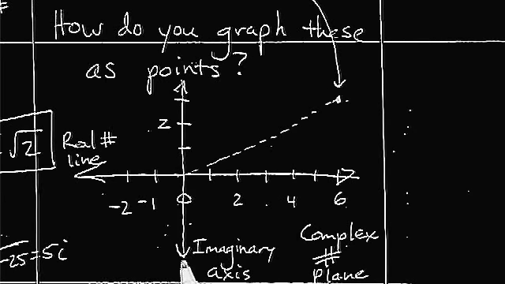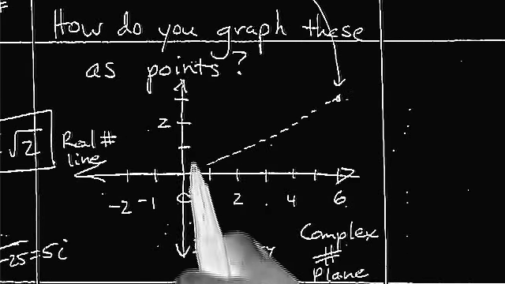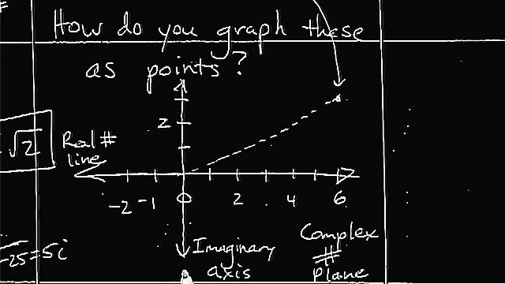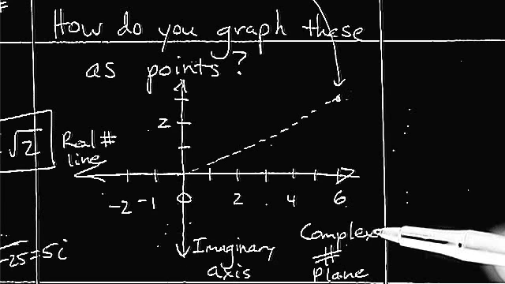This vertical axis contained all the imaginary numbers. So they call this one the real axis. They call this one the imaginary axis. We just never talked to you about it.